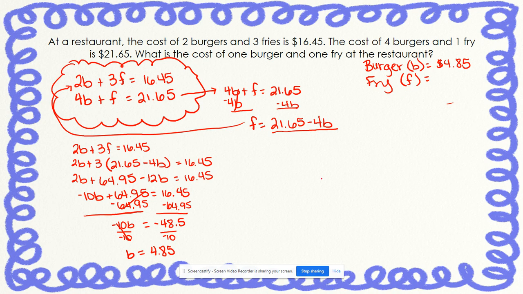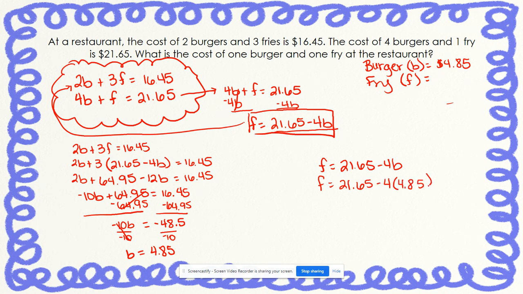That means that the cost of one burger is $4.85. Now that I know that, I can plug that into the equation that I made, which was F equals 2165 minus 4B. So I'm going to plug in 4.85 for the cost of a burger. So I'll do 21.65 minus 4 times 4.85. So when I do 4 times 4.85, I get $19.40.